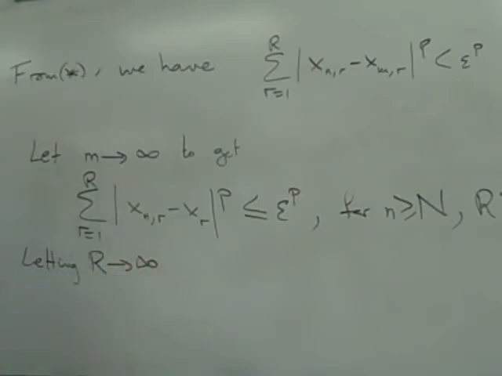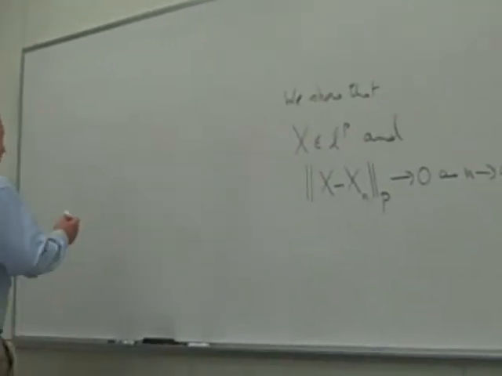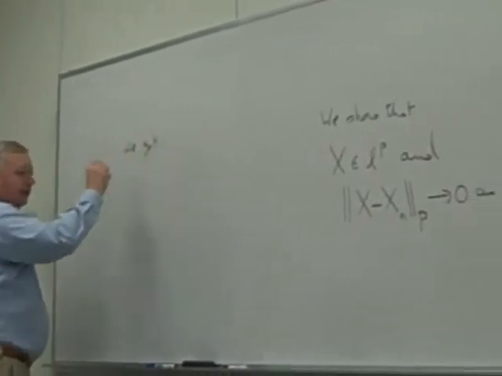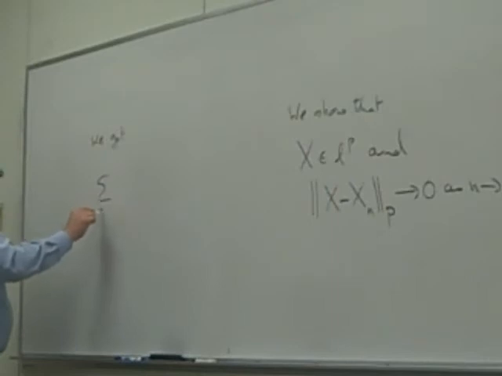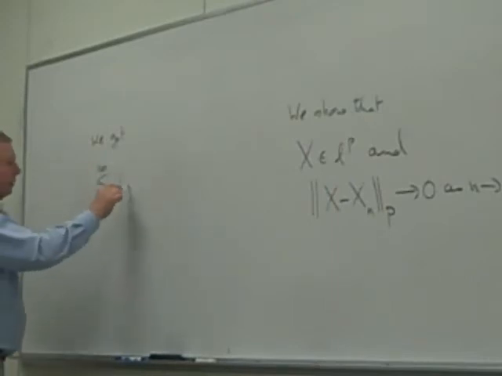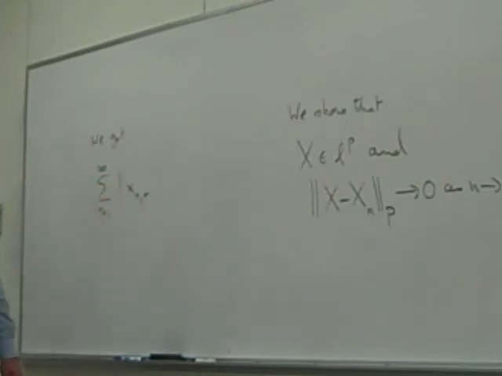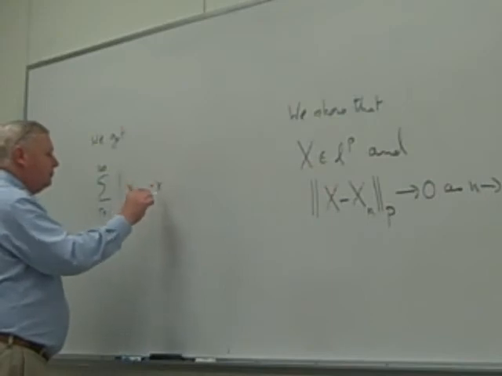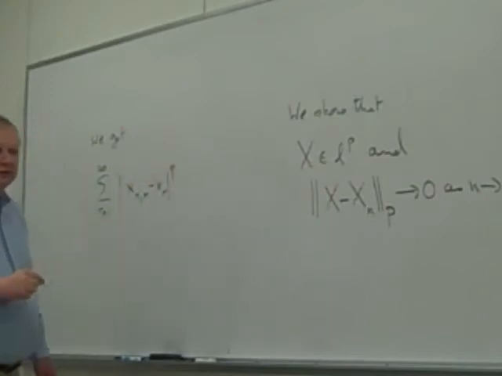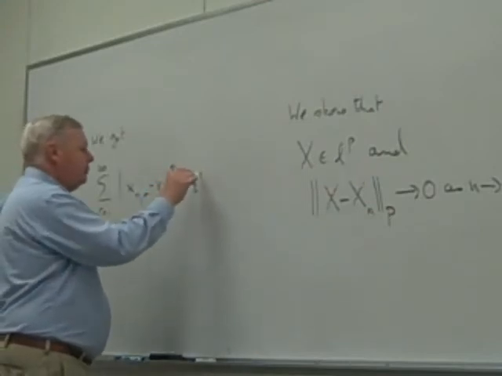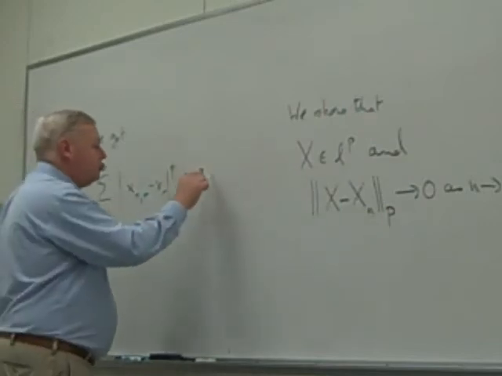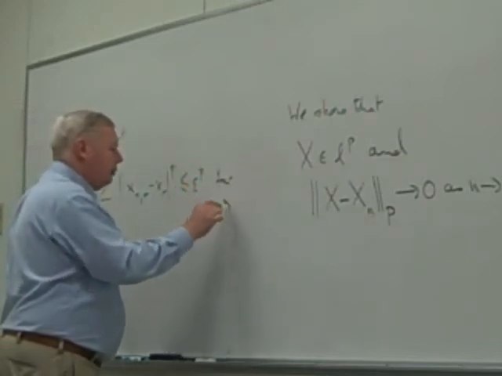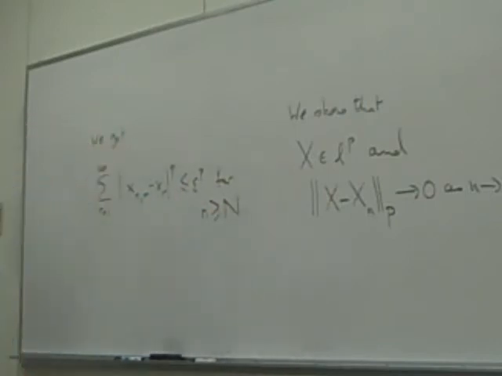So letting capital R go to infinity, what we get is that the sum from 1 to infinity absolute value xnr minus xr raised to the pth power is less than or equal to epsilon to the p, and this is going to be true for any n greater than or equal to capital N.